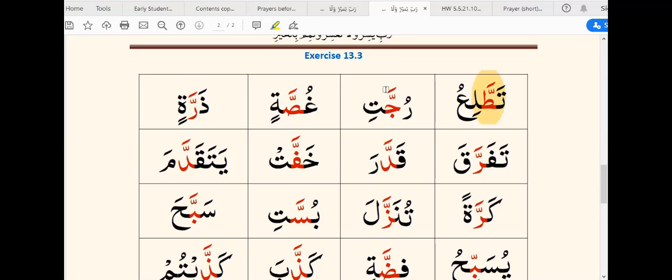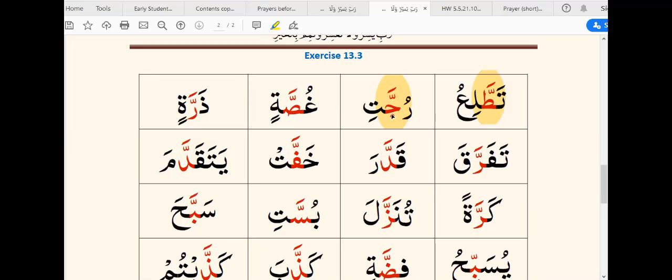Over here again we have letter Jim with a shadda on top of it, and then it also has a fatha stroke. So for the first part we are going to join letter Ra that has a dhamma with letter Jim that has a shadda, Ruj. And then we have letter Jim with a fatha.